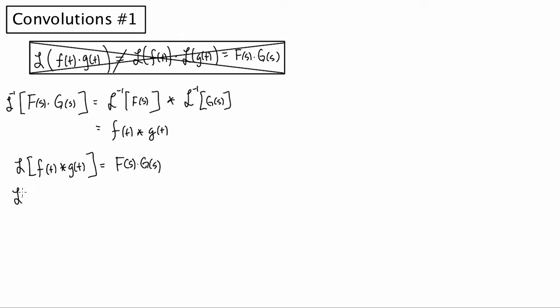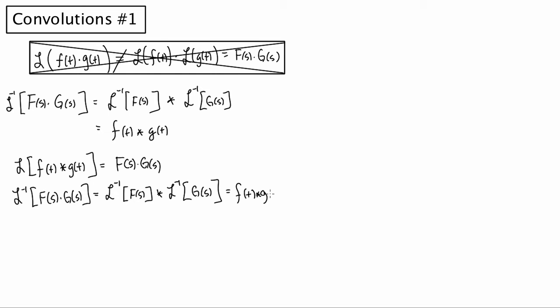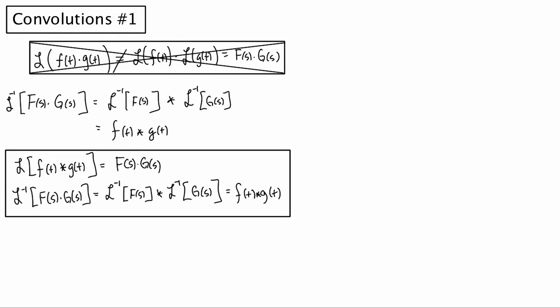And the other way, the more interesting way, is the reverse of this, which says the inverse Laplace transform of F of s times G of s is equal to the inverse transform of F of s convolved with the inverse transform of G of s, which is f of t convolved with g of t. So the takeaway is these two formulas are the important ones when it comes to convolution.